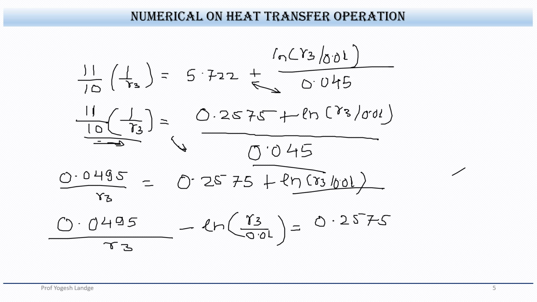Now on the basis of the trial and error method, I try to get the value of R3. How do I get it? On the basis of the trial and error method. As we know, the outer diameter of the pipe is 20.